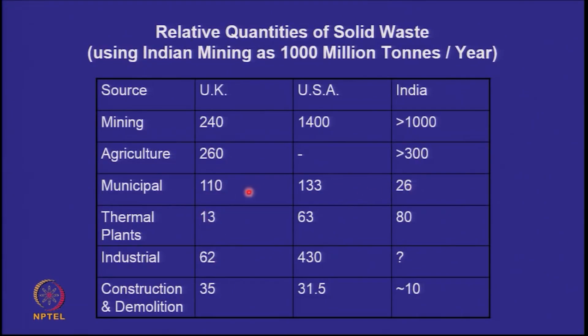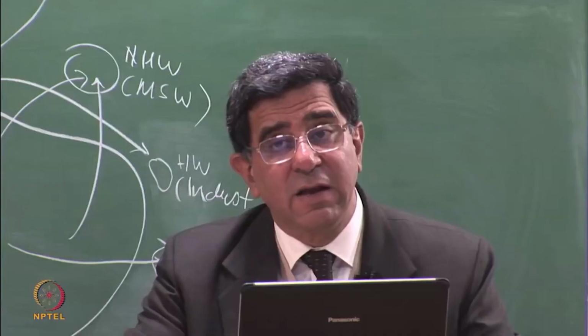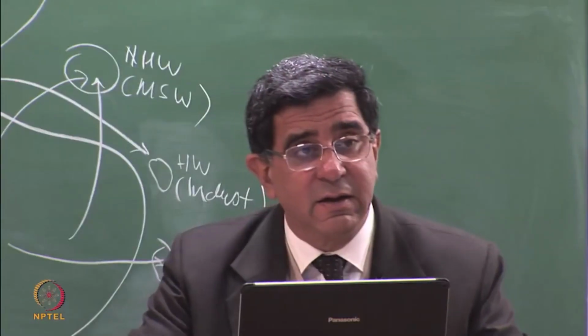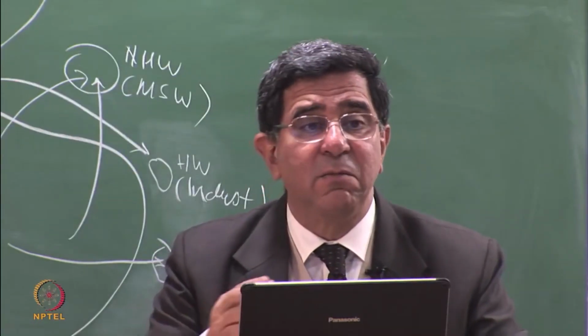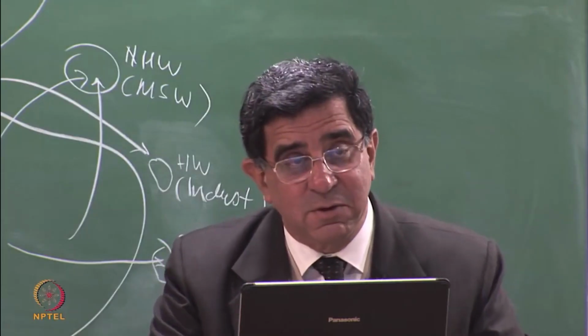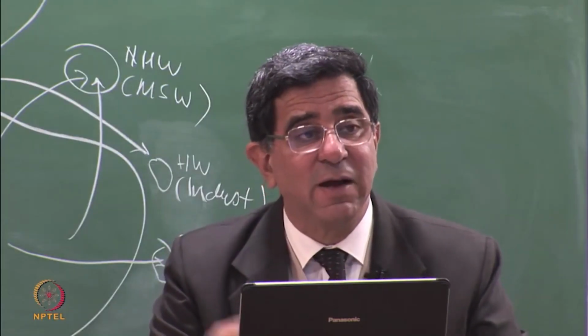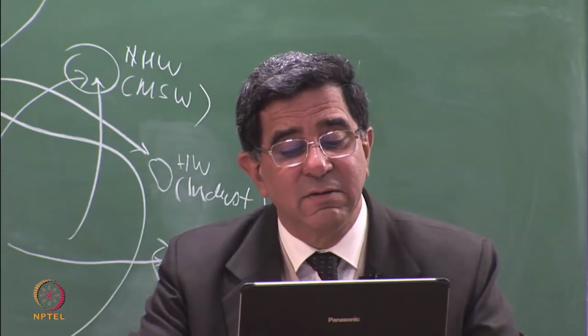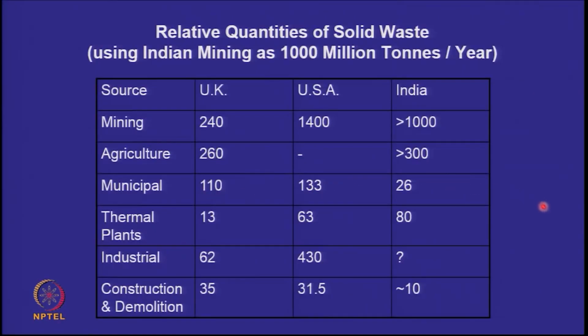India has more population, so how come US and UK are producing more municipal waste? Because they're coming out from residential areas. Well, the more industrialized the society, one human being will produce more waste. Per capita waste production is much more. So that's why you'll find that this is the kind of situation that you have.